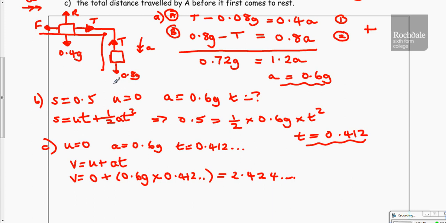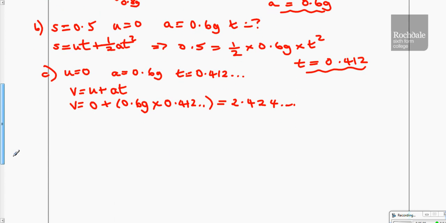Now the reason I've worked that out is because we can then work out the speed that A's going at. And because the string was taut at the point when it hit the ground, A would be going at the same speed. So we think about what's happening now to particle A. It's travelling along with this particular speed, and the only force acting on it is friction, slowing it down.